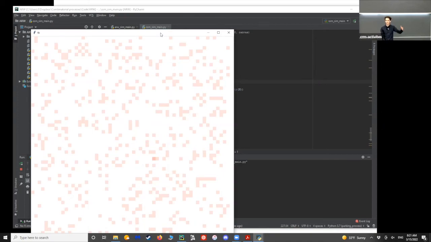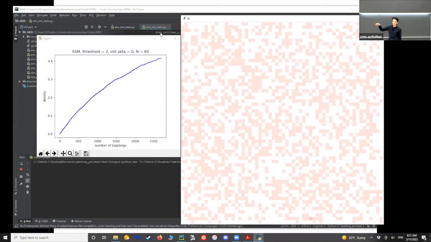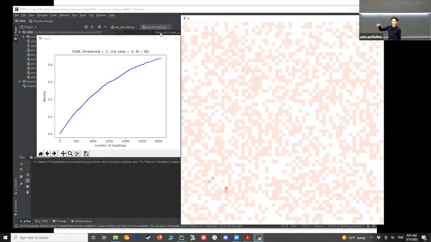And then what I'm going to plot is just the density of particles, the fraction of particles in the box, the total number of particles divided by the volume of the box. Okay, and it's going to converge to some critical density. The deeper the color of the square, that means there are more particles at that site.